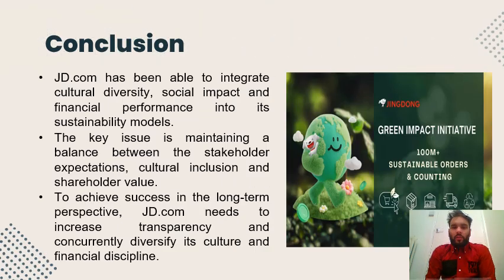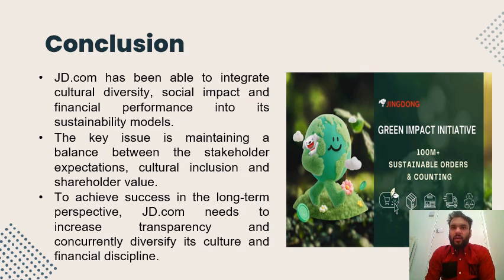In conclusion, JD.com has been able to integrate culture diversity, social impact, and financial performance into sustainability models. The conclusion that can be made is that JD.com is currently in an exciting space where culture and social impacts and money will come together under the umbrella of sustainability.